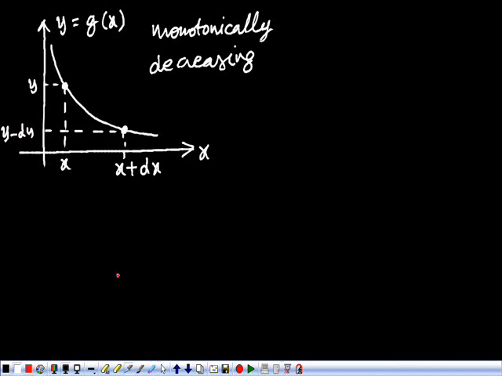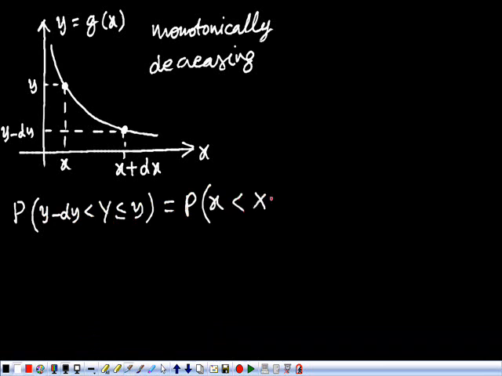Follow this. So therefore, the probability of y lying in between y minus dy and y, or otherwise you can write this as y minus dy less than or equal to y less than or equal to y, is equivalent to the probability of x less than or equal to x less than or equal to x plus dx.